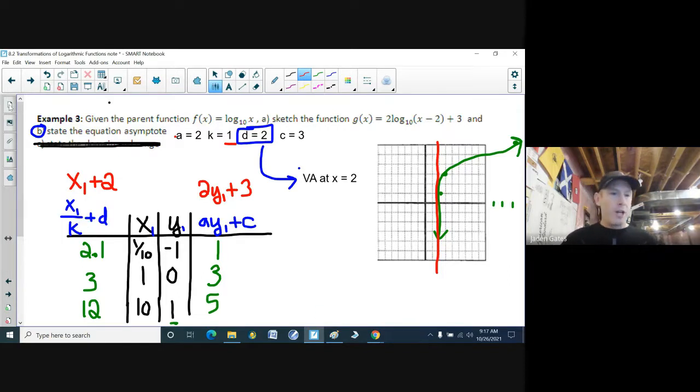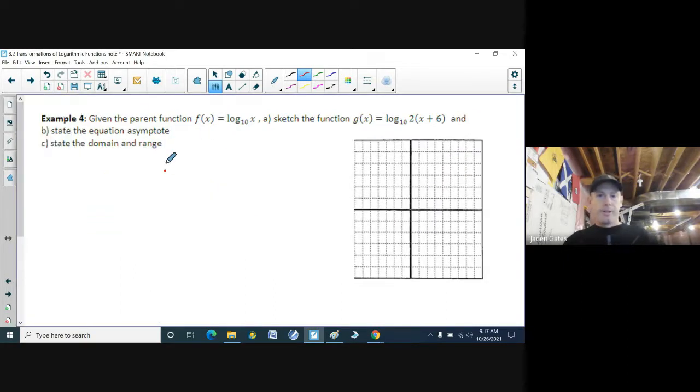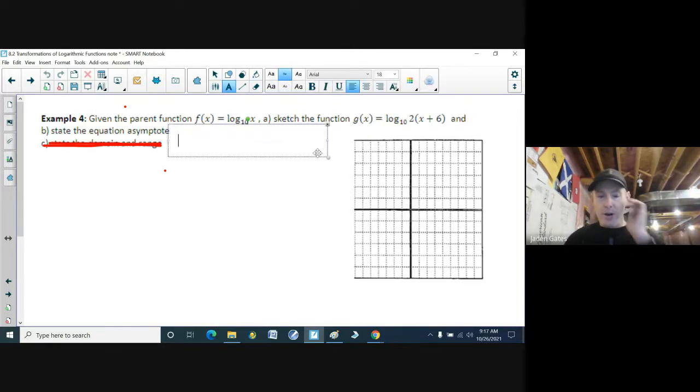All right, so let's try another one of those. Do a few of them here. It says, given the parent function there, we're going to sketch. Again, it's asymptote, domain, and range here. So again, I'm going to write down my values first before I do my chart. My A value out front is equal to 1. K value, we got one there.